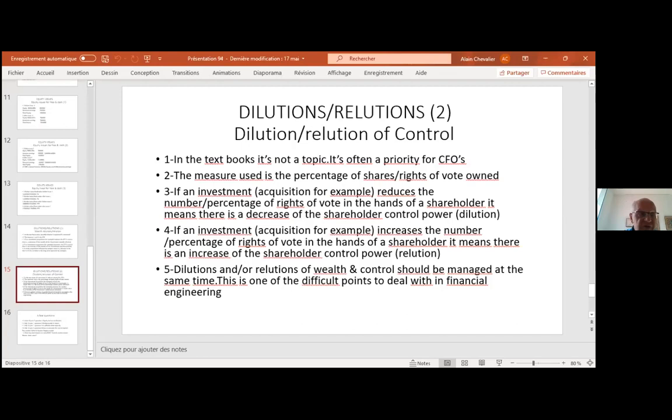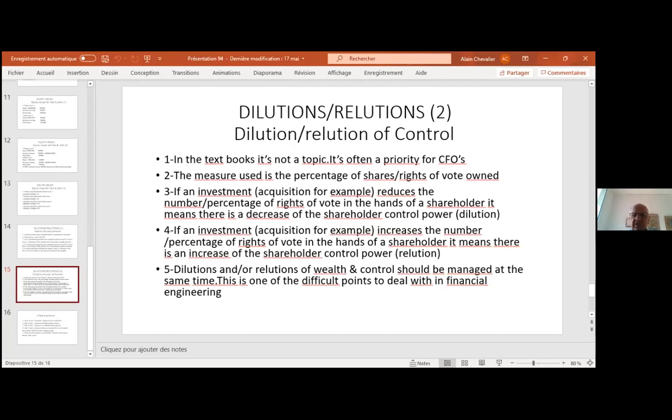Your control is the control of the majority in the annual meeting of shareholders. That means that point 3 here, if an investment, an acquisition, for example, reduces the percentage of rights of vote in the hands of a shareholder, it means there is a decrease of shareholder control power. This is what we call a dilution.